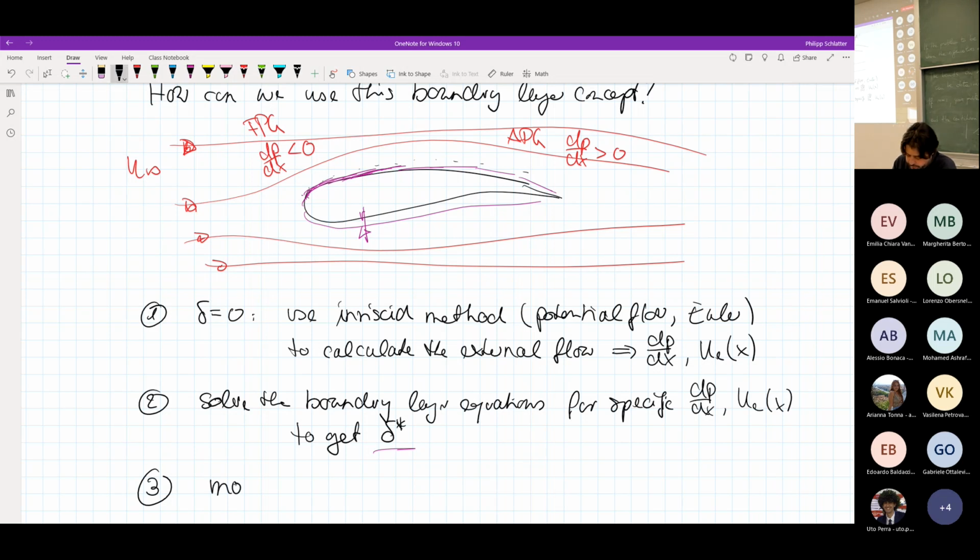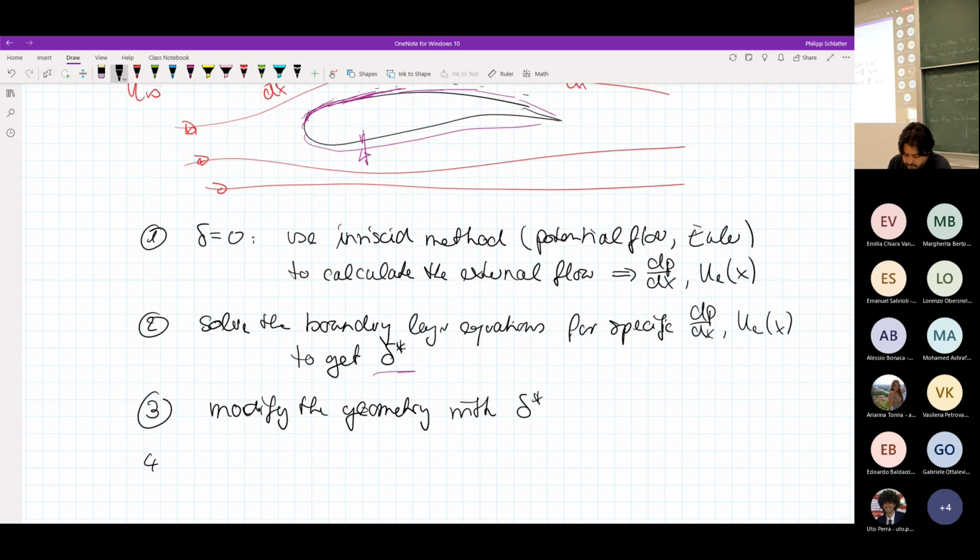So we modify the geometry to make the profile thicker with this delta star. And then I guess the fourth step is now clear. It just means go back to step number 1.